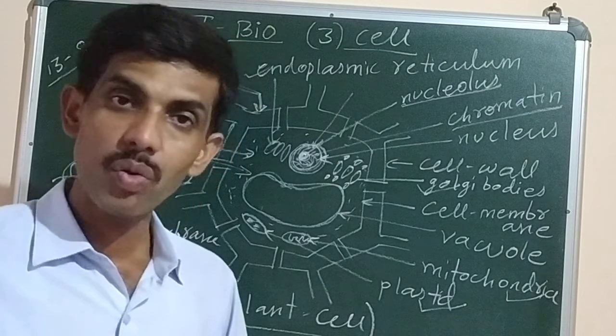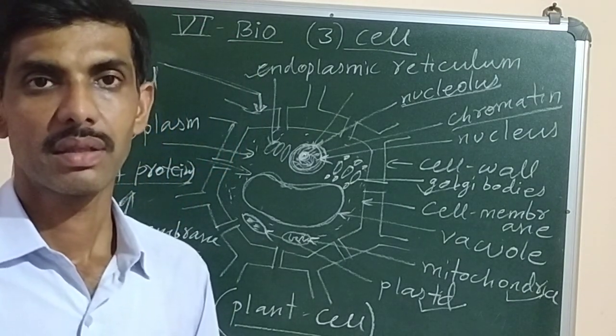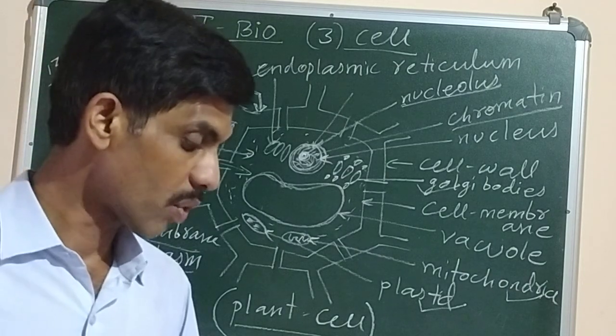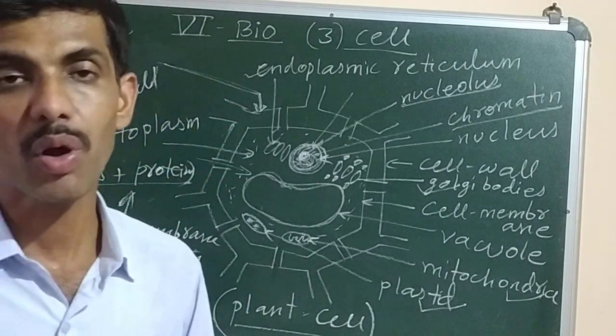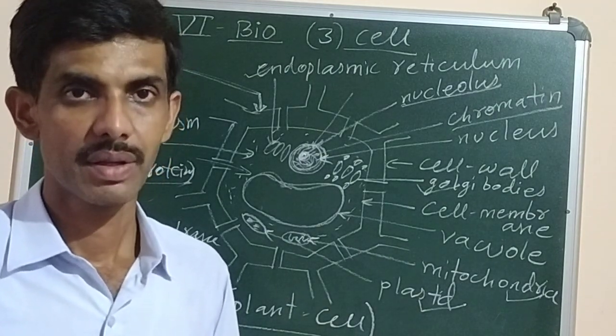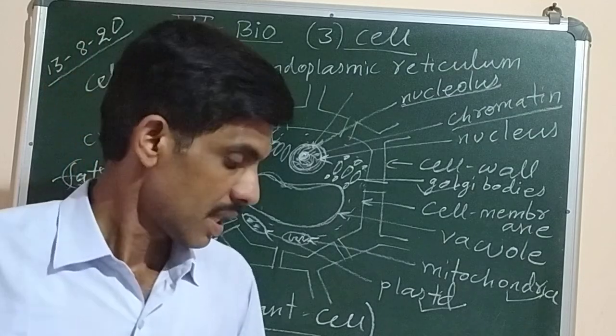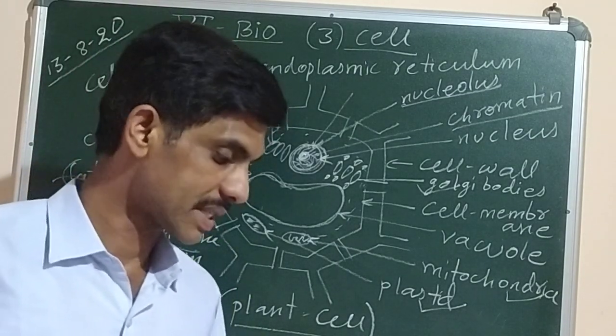The bacterial cells are also very small in size, and one word is there called mycoplasma. Mycoplasma is the smallest cell, that is, the bacterial cells. Then we studied about the different size and shape of the cells.